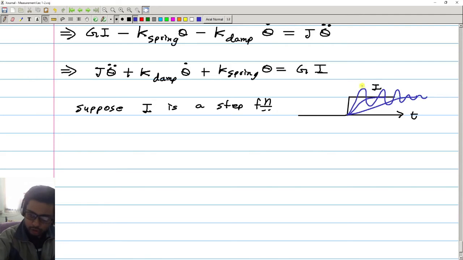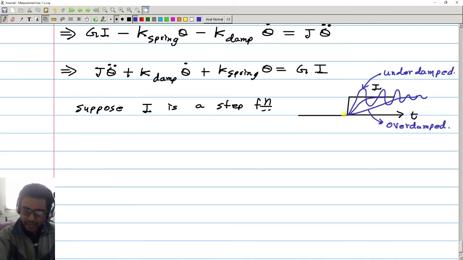And you all know that this oscillatory response is called the underdamped response. This one is called the overdamped response, and somewhere between these two we have what we call the critically damped response.